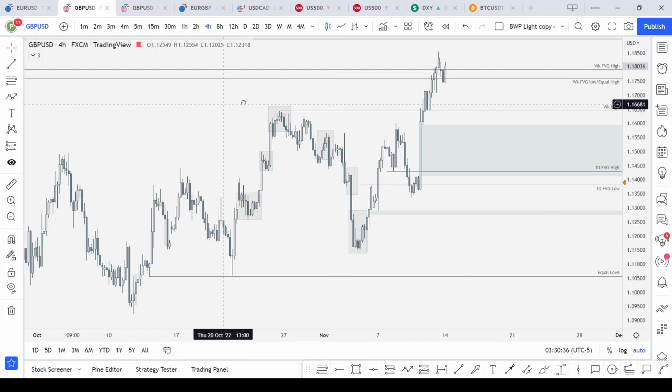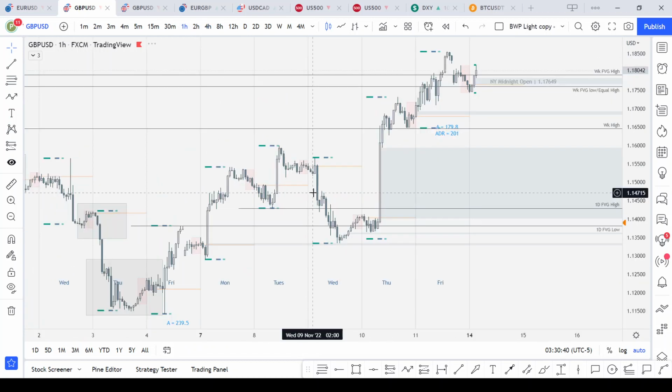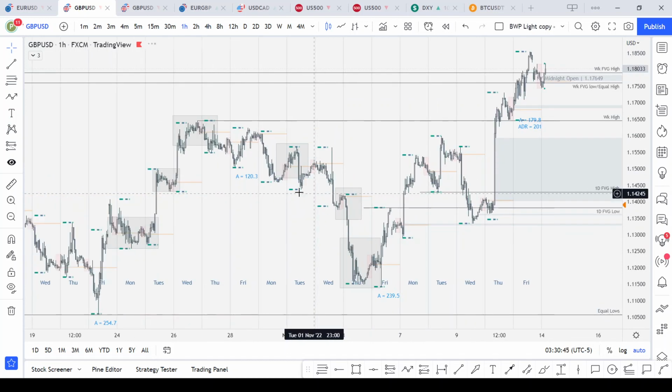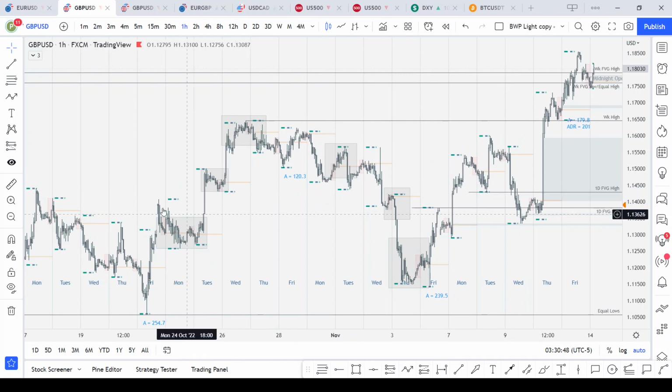So let me go back to the 1 hour time frame. So remember I said that after that initial consolidation, price sometimes will come back to retest the high of the consolidation or fall short of it, and then immediately runs away from it.